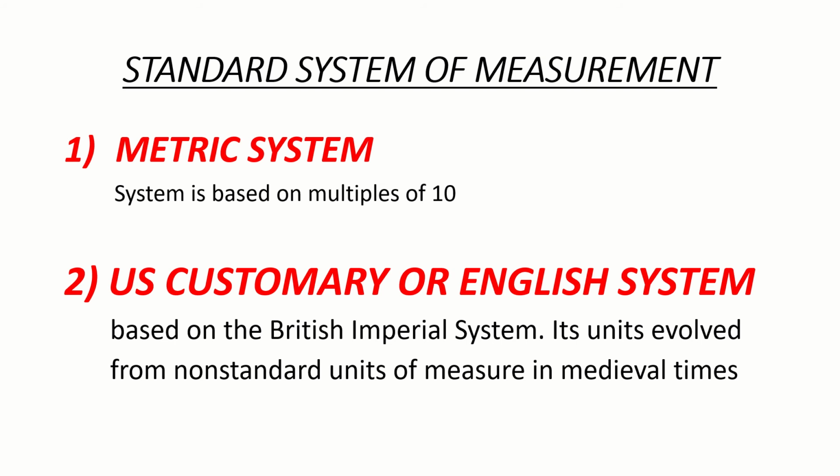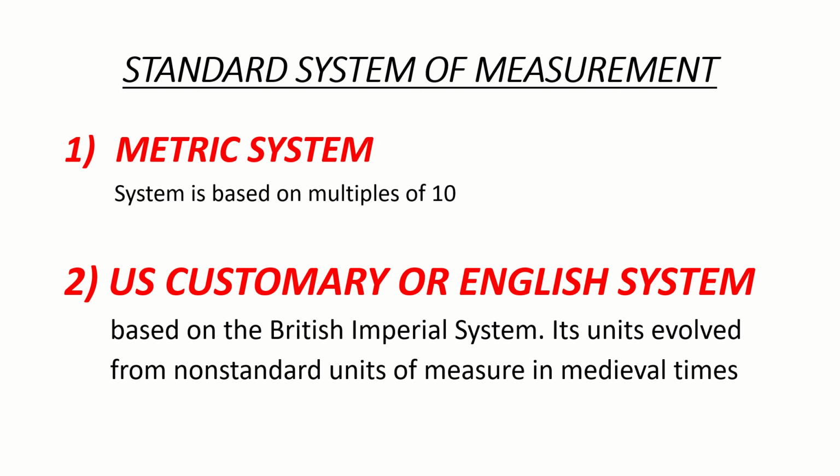If you were able to listen carefully to our TED-Ed video, you were able to realize that during medieval times, or during the start of time, we usually used non-standard units, like comparing using our human body parts or some materials around us.